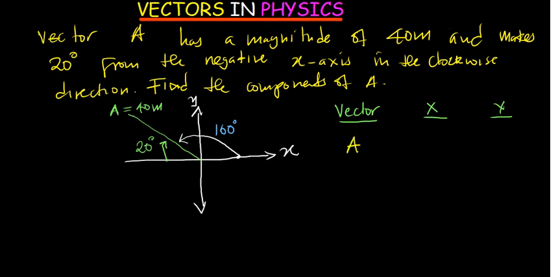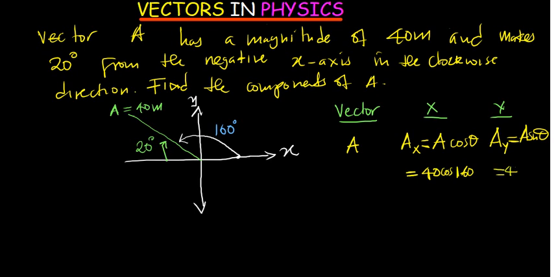So to find Ax, it is the magnitude of 40, and then cos of the angle starting from the positive x-axis in the anti-clockwise direction, that is 160. And to find Ay, it will be 40 sin 160. If you have a calculator, you can just punch that. So 40 sin 160 gives me 13.7.